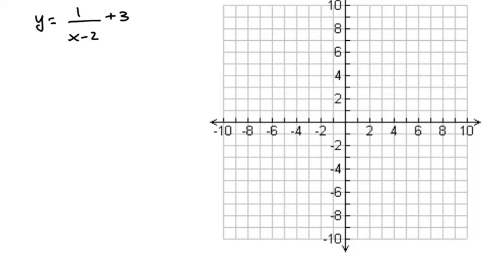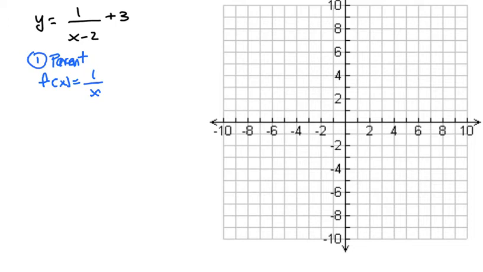From last chapter, we've learned that we need to do that in more than one step by first drawing the parent function, which is f of x equals 1 over x. I have a grid here whose each square is 1 unit.